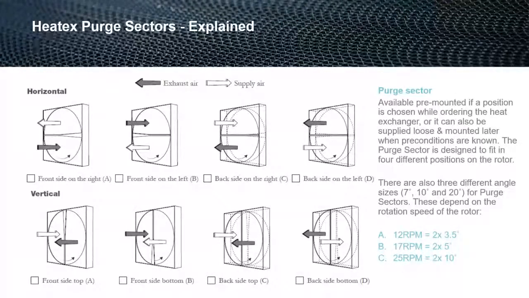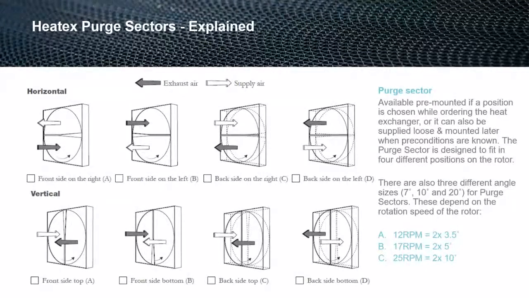Then you have different rotation speeds. When we start to look at 17 rotations per minute, this would be something like a hybrid unit, which is recovering a little bit of sensible, little bit of latent heat, but it needs to run a little bit quicker to keep up with that. And because it's rotating quicker, we need to have a slightly bigger purge angle on there to make sure that we get the full use of the rotation and the purge.